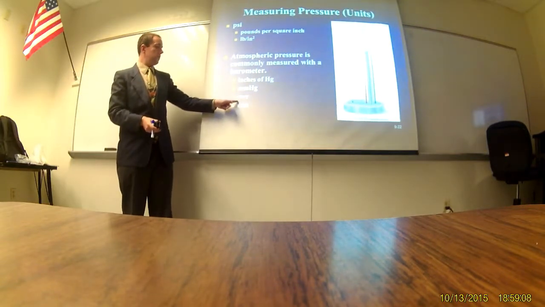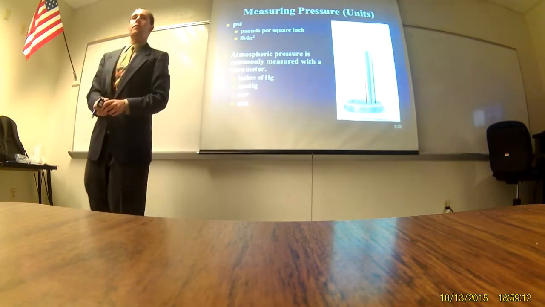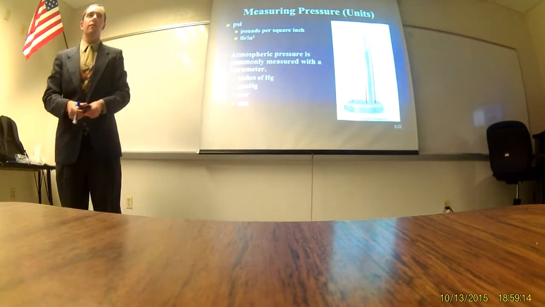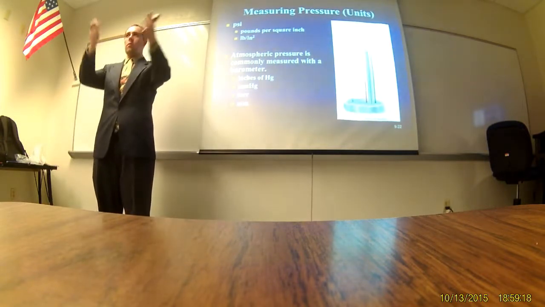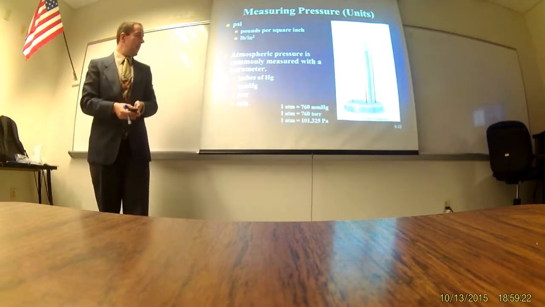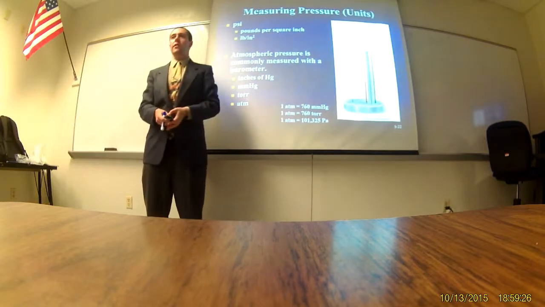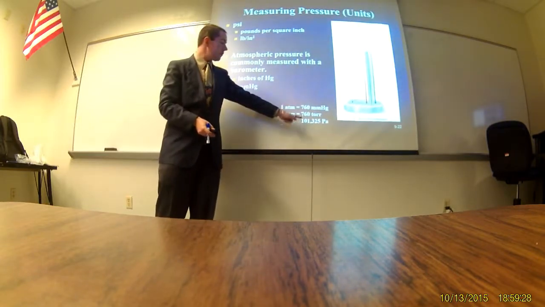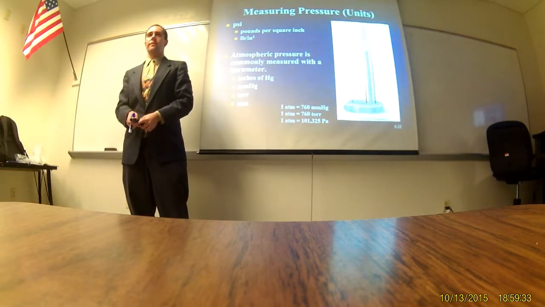We'll use torr and we'll use ATMs, and ATMs are atmospheres. So one atmosphere is defined as the normal average atmospheric pressure, and that happens to be 760 millimeters of mercury, which is also 760 torr.